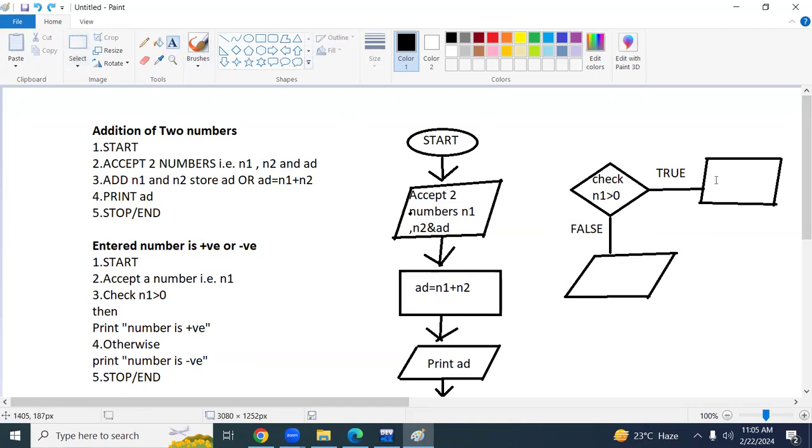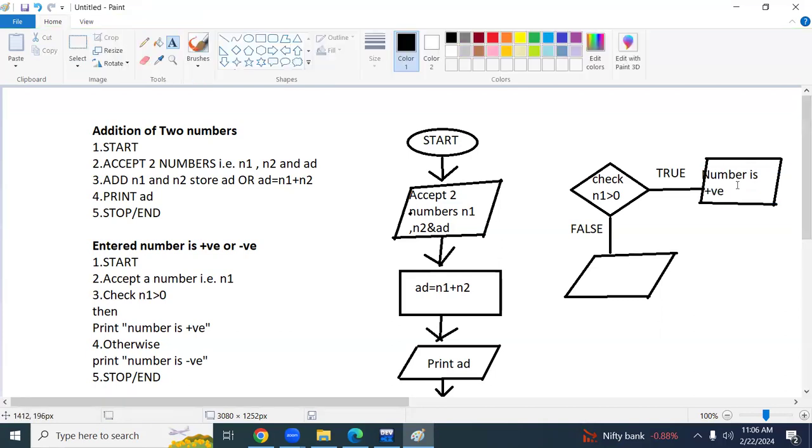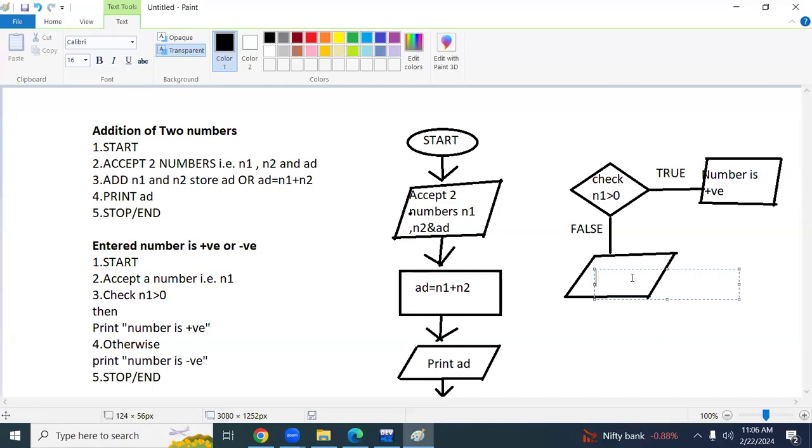So what we have to write here, first of all, tell me the true part. Number is positive, yes or no? And here what we need to write? Number is negative.